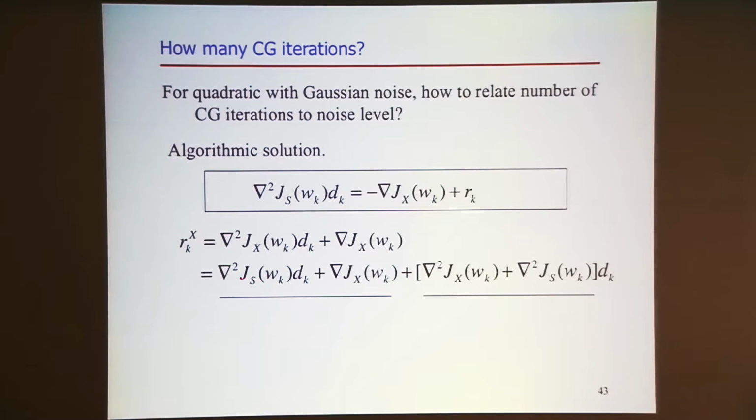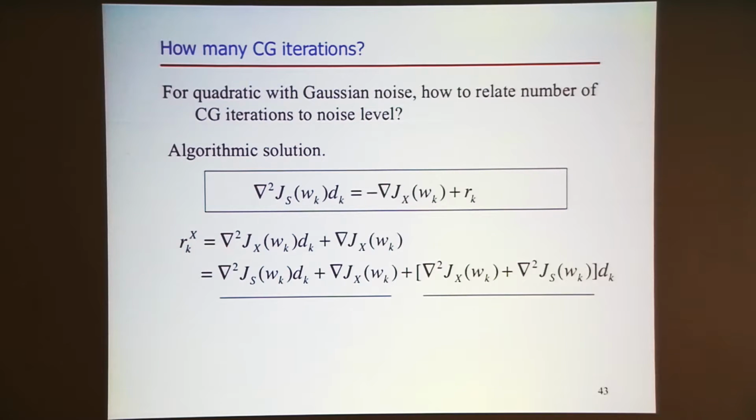But now, what is the meaning of this term here? Well, this is exactly the residual that I observe when I compute the Newton CG step. This is observable. And what is this quantity here with a minus sign? The difference between the classical Hessian and the subsampled Hessian. So the residual of this idealized iteration has these two components.